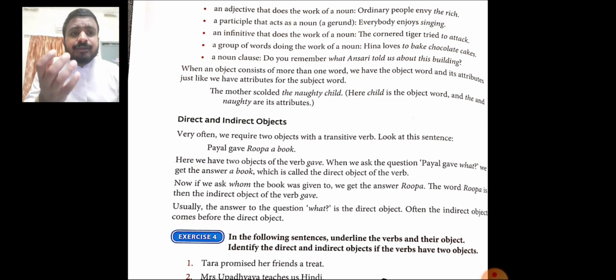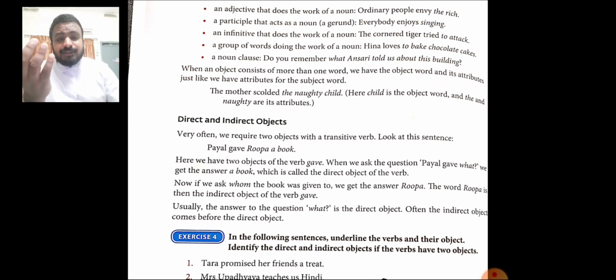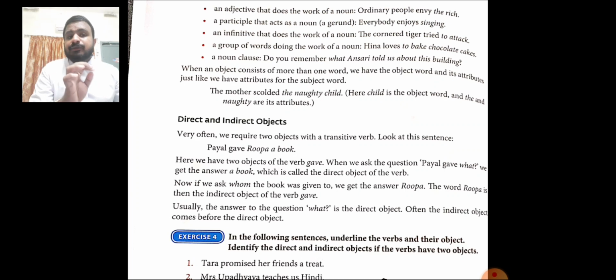If we ask the question what, then we get an answer. That answer is the direct object of the verb. For example, in that sentence itself, Payal gave Rupa what? We get the answer, a book. So, a book is the direct object.